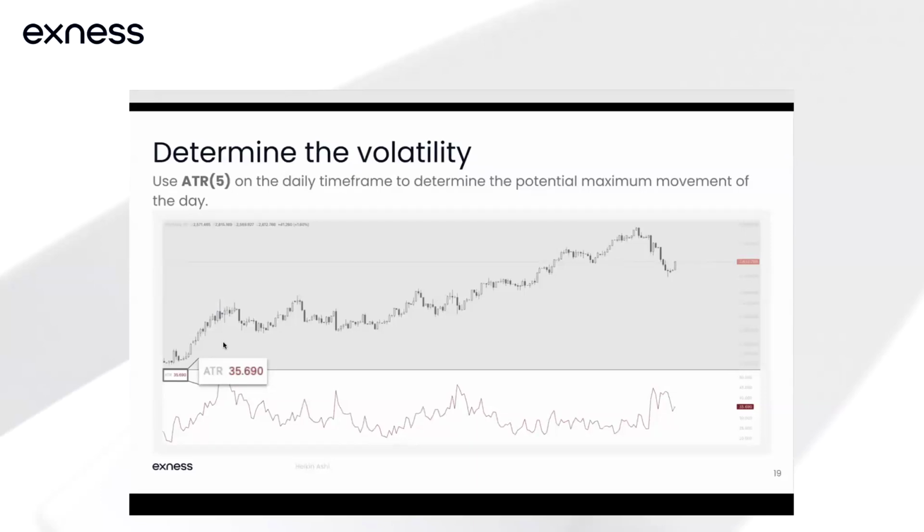But more importantly, also understand that you can use ATR to identify volatility. If ATR is high, it just means that it's more volatile. If I compare the chart and the ATR, you can see that when ATR is low, there's hardly any movement, very muted movements. Prices are ranging sideways.